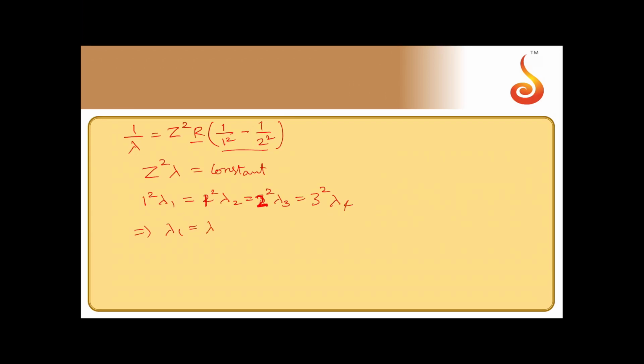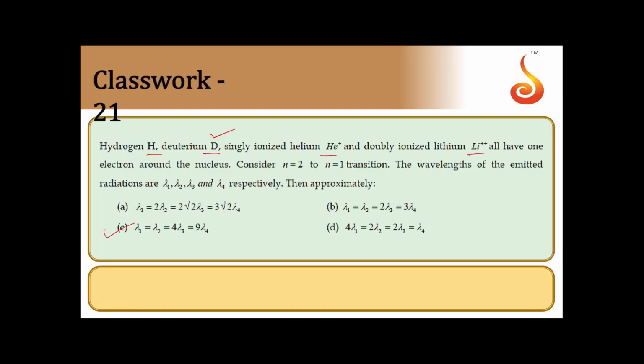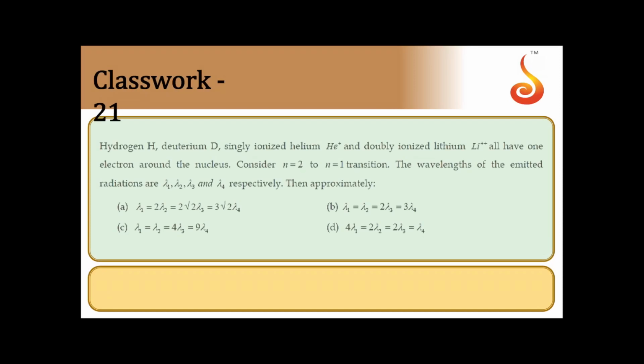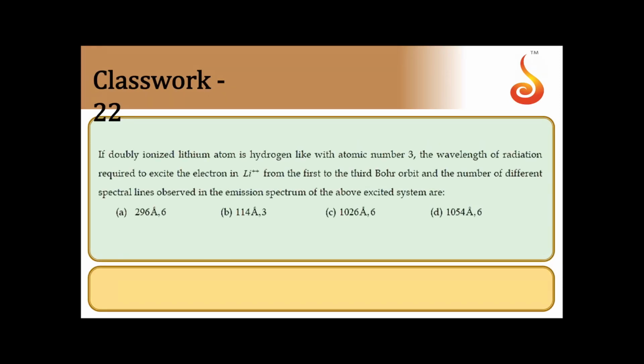So this will be lambda 1 equal to lambda 2, that is equal to 4 lambda 3, that is equal to 9 lambda 4. So that is option C. This is for hydrogen, this is for deuterium, this is for helium, this is for lithium. Okay, we shall move on to next one.